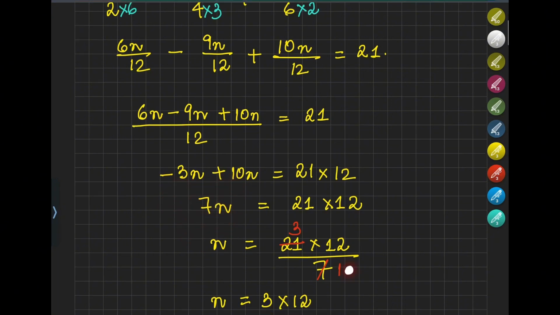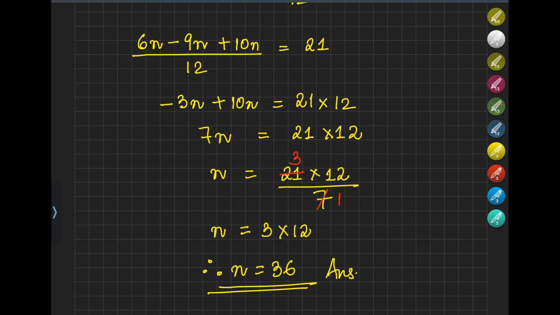So in the RHS, when it is transposed, it comes in division. As I said, it was to be reducible, like 7 reduces 21 3 times, so you get 3 times 12. So 3 times 12 is 36. So the value or the answer for the given question is 36.